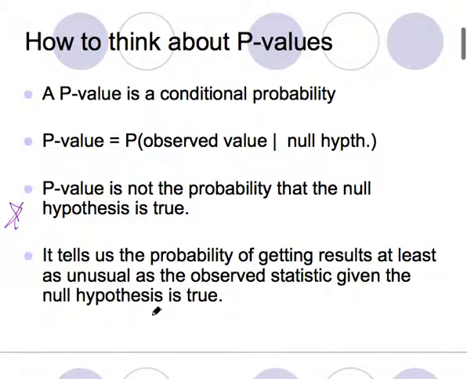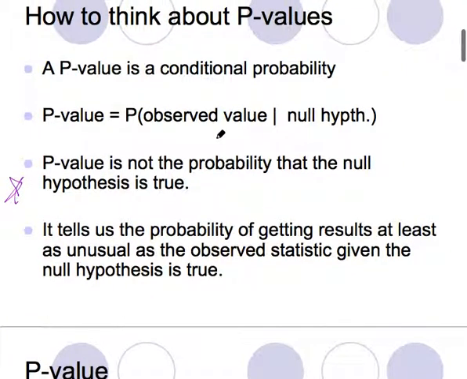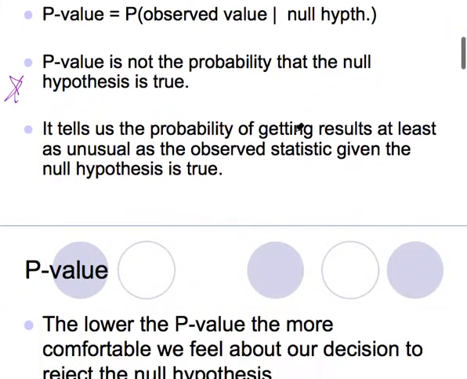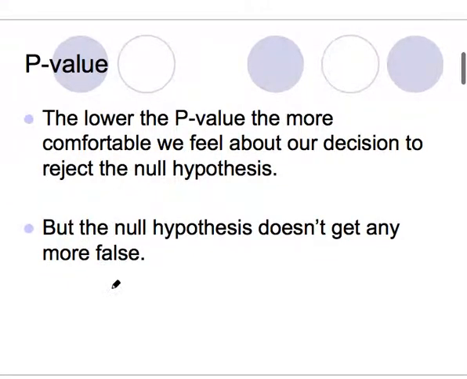We're just trying to say, well, okay, what's going on, and when we compare that, okay? So the probability of an observed value, given that we're looking at the null hypothesis. So the lower the p-value, the more comfortable we feel about our decision to reject the null hypothesis.